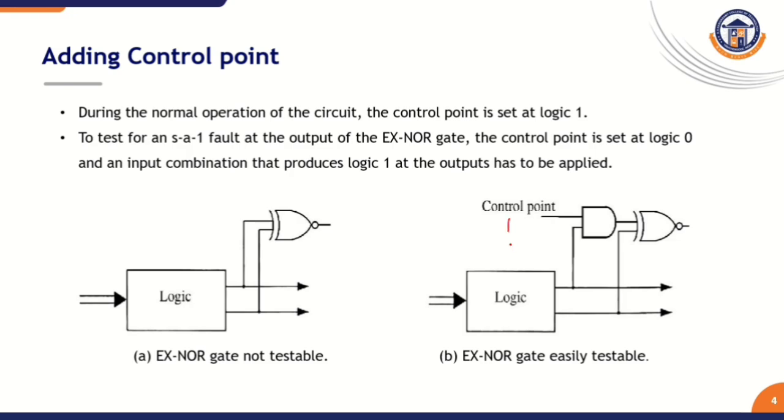To test the stuck-at 1 fault at the output side of the XNOR gate, we set the control point to logic 0 and apply the input combination that produces logic 1 at the output. Thus, the fault can be detected efficiently.